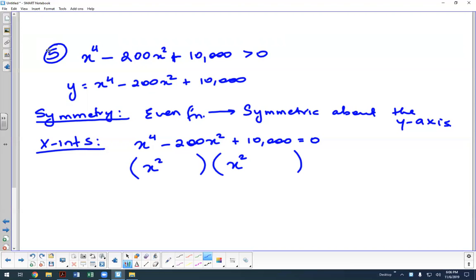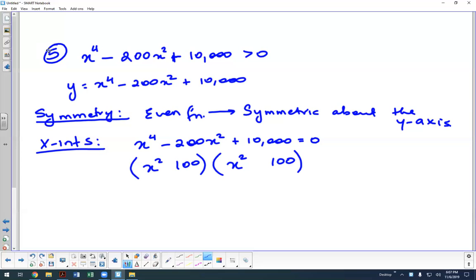Factors of 10,000 that will add up to 200. Because 50 times 50 is only 2,500. It's 100, because, you know, check with your calculator. But 100 has 2 zeros, 100 has 2 zeros together, they make up 4 zeros, there's your 10,000.